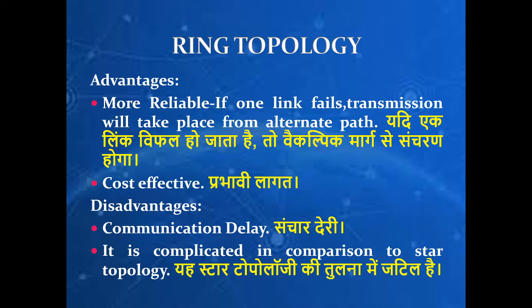Another disadvantage is that it is complicated in comparison to star topology, because each node has 2 neighbor nodes, so obviously the structure will be complicated. The configuration of ring topology is more complicated than that of the star topology.